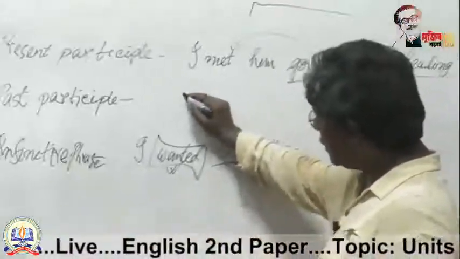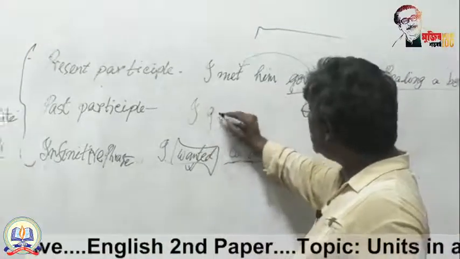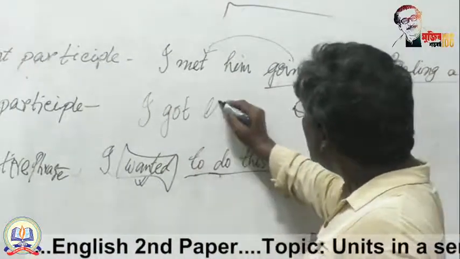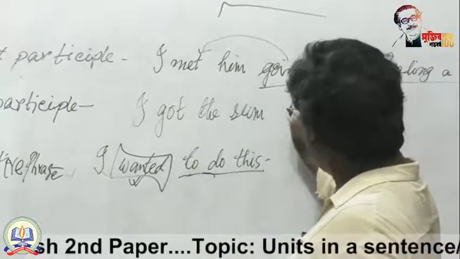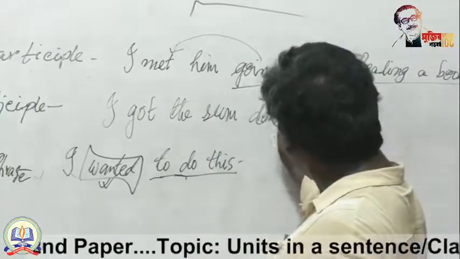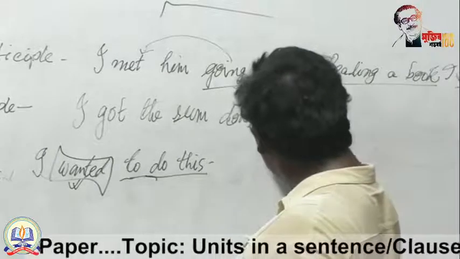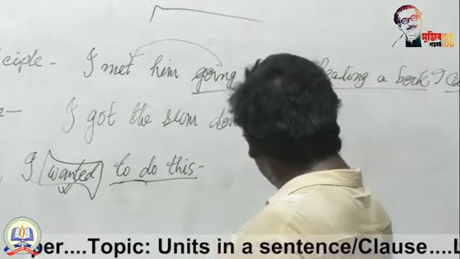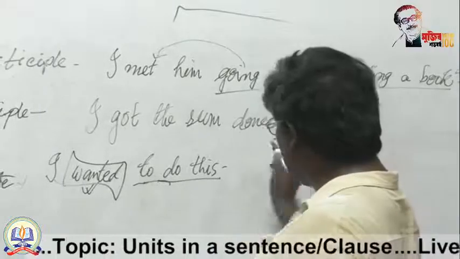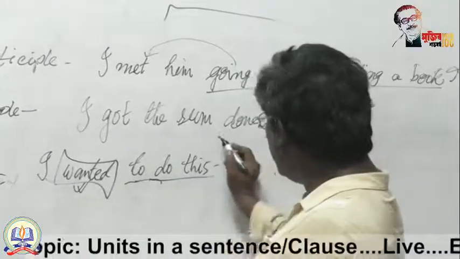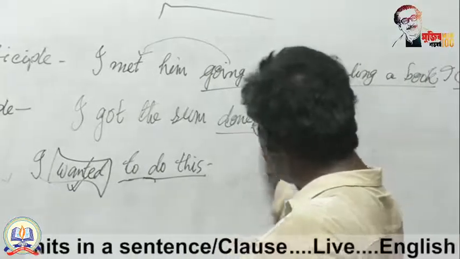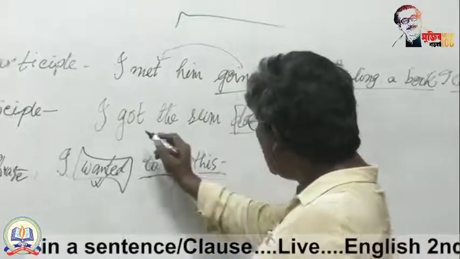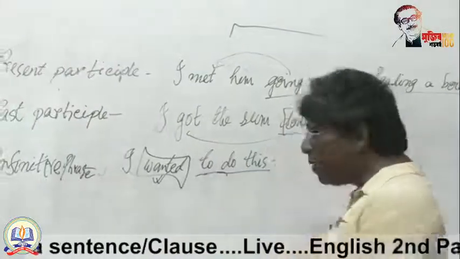Similarly, I got the sum done by him. In this sentence, the past participle done by him qualifies the verb got.